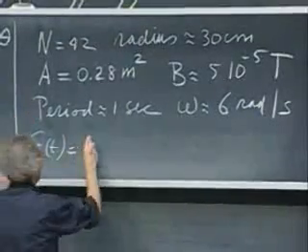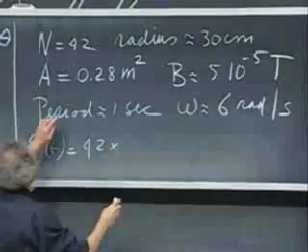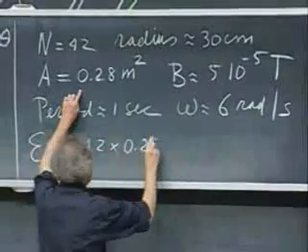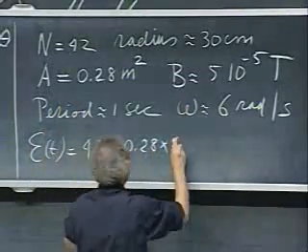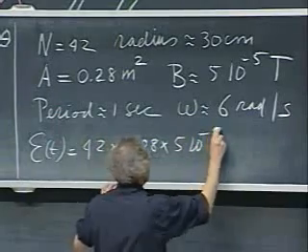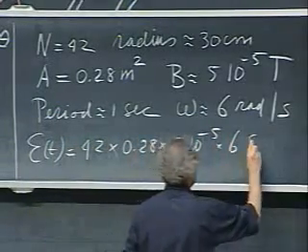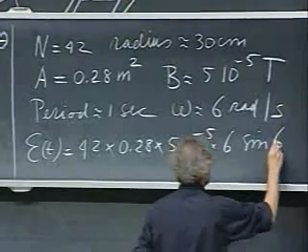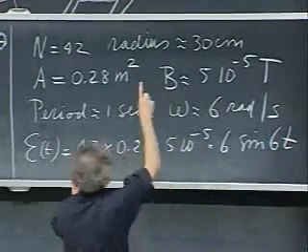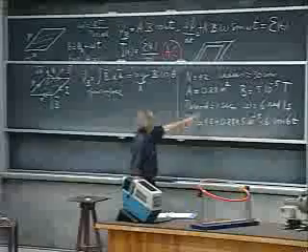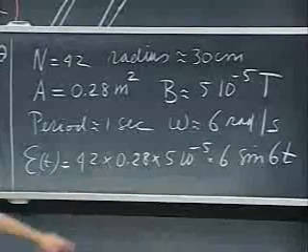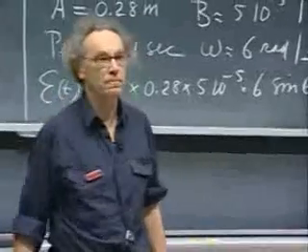We're going to get 42, that's N. We're going to get A, that is 0.28. We're going to get B, that is 5 times 10 to the minus 5. And then we're going to get omega, that is 6. And then we get this sine of 6t. You see the equation there. The only difference is we have a capital N now here because we have N windings in the closed loop.